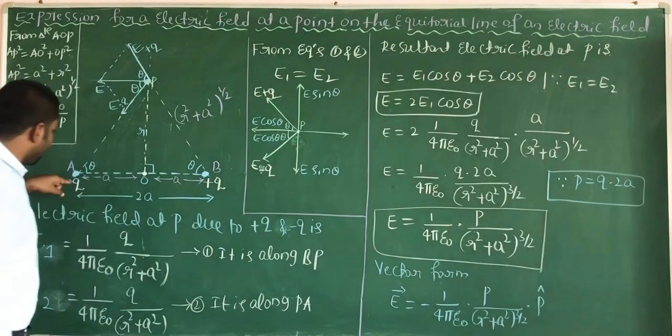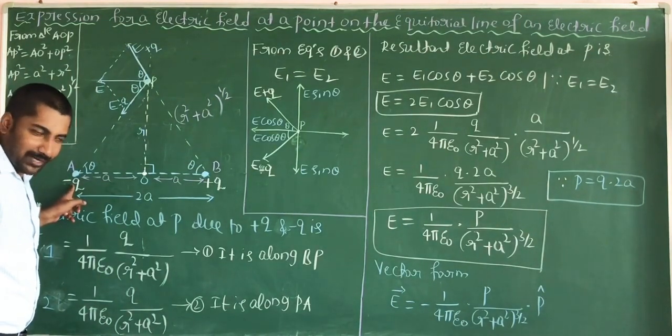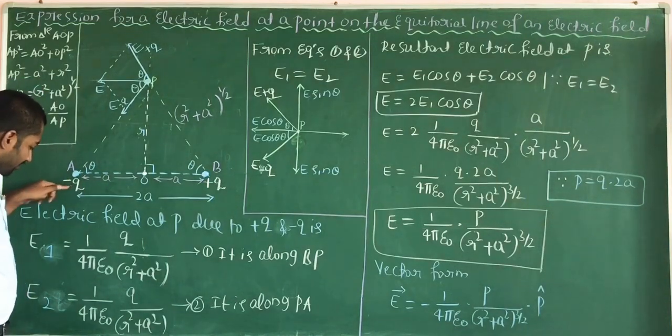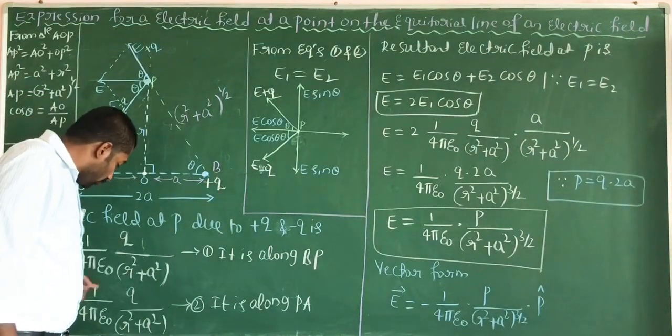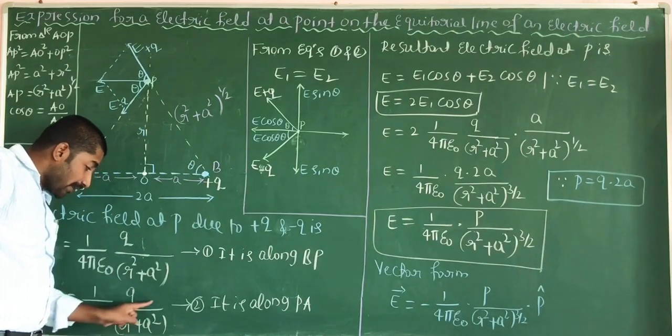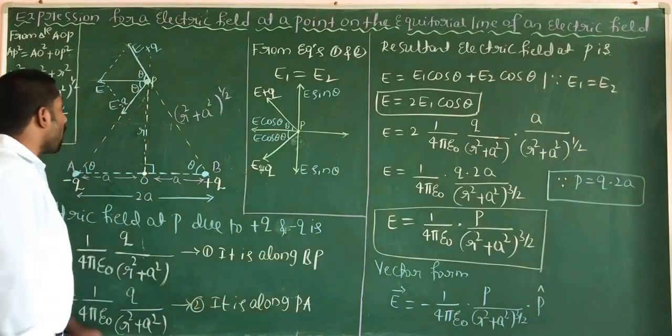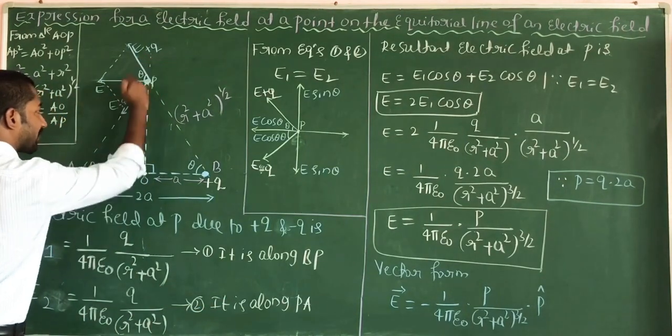But the electric field due to the negative charge is also the same, that is E2. E2 is equal to 1 divided by 4 pi epsilon naught Q divided by r square plus a square. This is equation number 2. This is along PA in this direction.